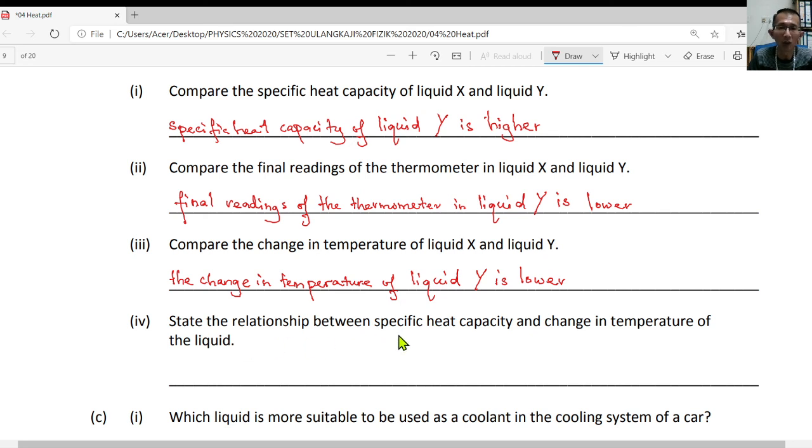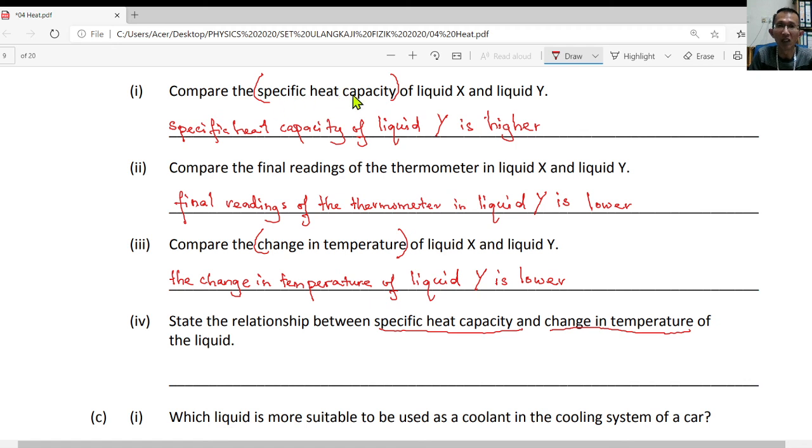So why I purposely wrote the same alphabet just now, Y here, is easier for you to see. As you can see here, specific heat capacity higher, the change in the temperature is lower. Do you see that?